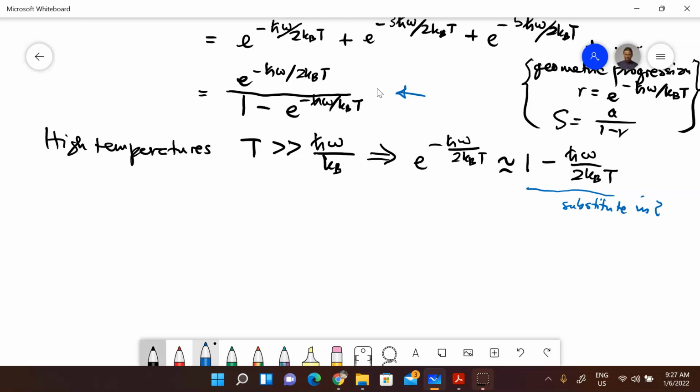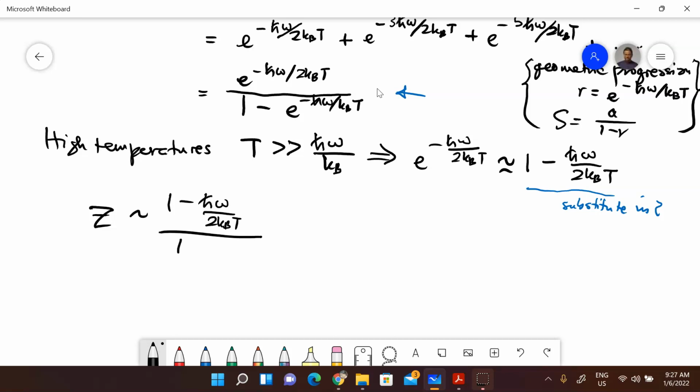So, right, let's do that. So we have Z now being approximated in this way. 1 minus h bar omega on 2 kBT here, divided by 1 minus 1 minus h bar omega on kBT.